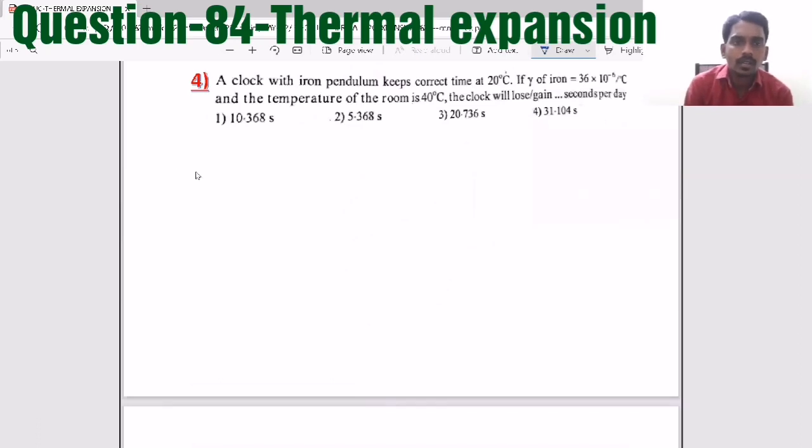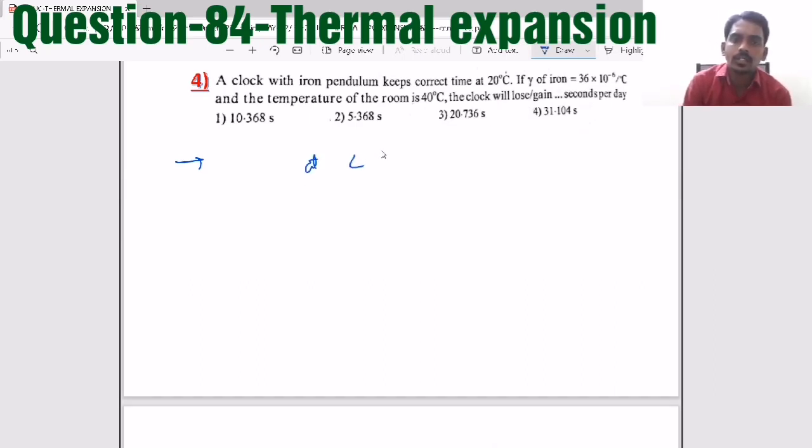Now another question, a clock with an iron pendulum keeps correct time at 20 degrees Celsius. If gamma of iron and the temperature of the room are given, the clock will lose or gain how many seconds per day. See, it keeps correct time at 20 degrees Celsius.